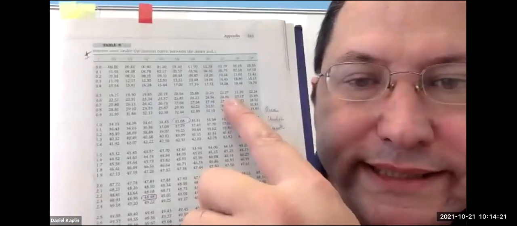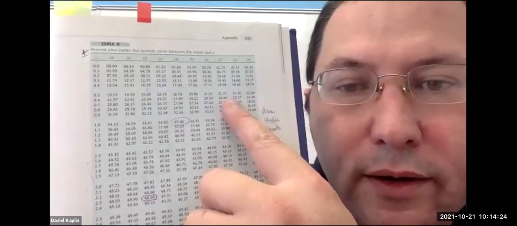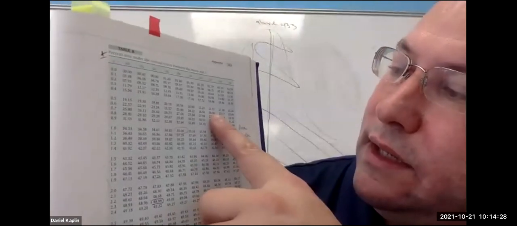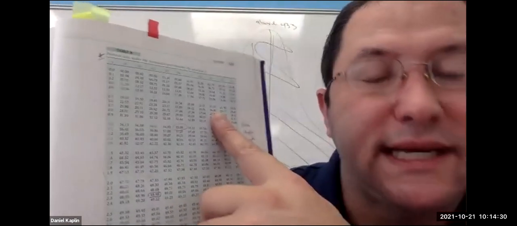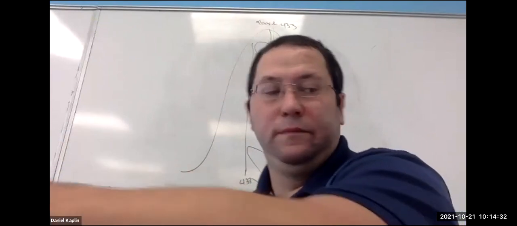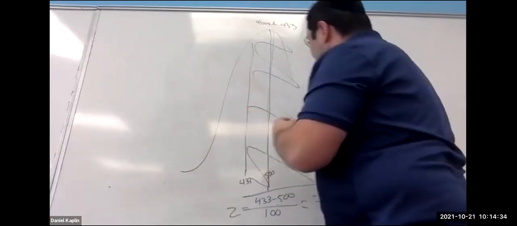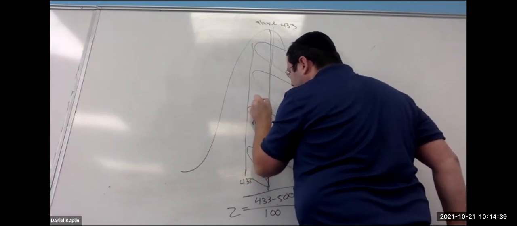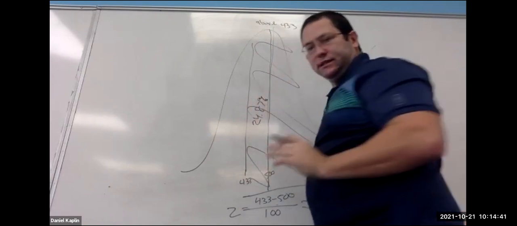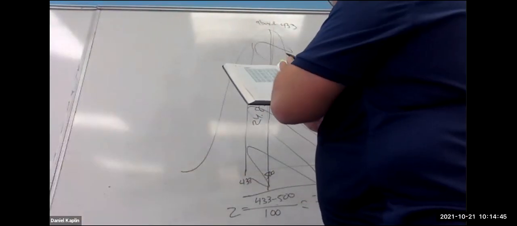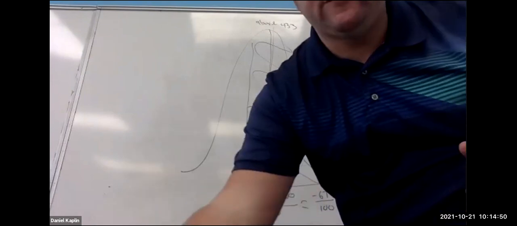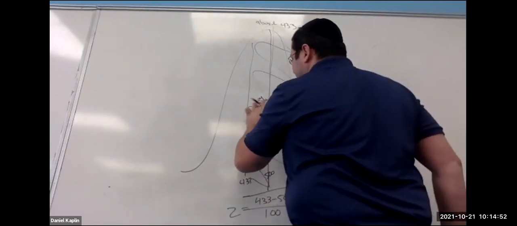So if you see 0.6 down and 0.07 across, you'll see that it's a total of 24.86%. So I'm going to plot that now. In this, we have 24.87%. I'm just going to double check my number. 24.86. I'm glad I checked.